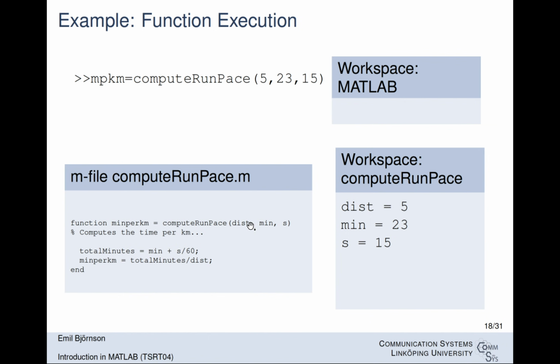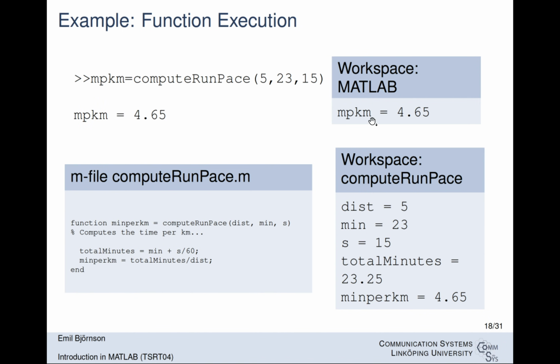And then the function is running and executes row by row. So total minutes getting computed. Then min per kilometer. And then you're reaching the end of the function. And at that time, the min per kilometer, which is the output, needs to be set. And now, this output is sent back to the compute run pace.